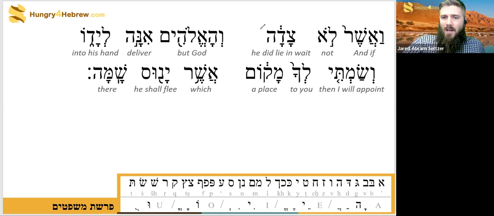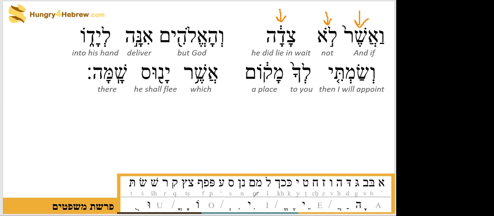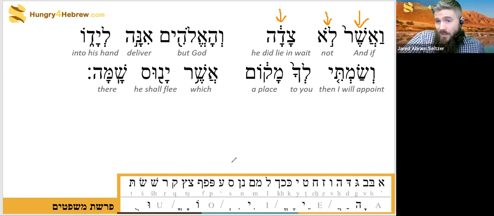Va'asher lo tzada, maybe the one which not, it translates it here as lies in wait. What's the point of saying that? What's the difference between if someone lies in wait versus doesn't lie in wait? Premeditated, right? So the difference is premeditated murder, and the other one could possibly be manslaughter.